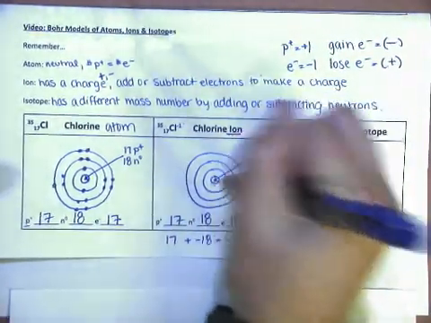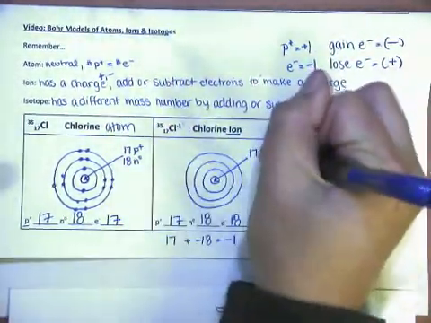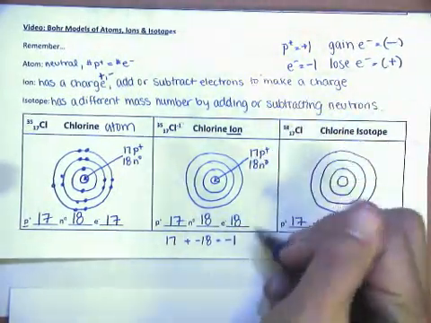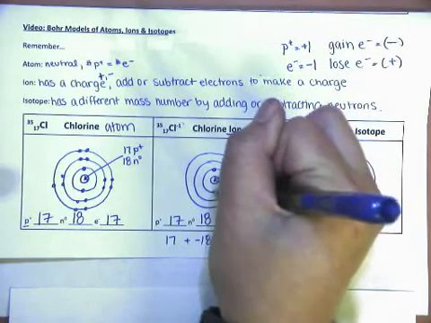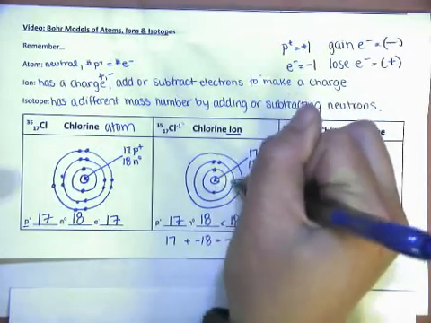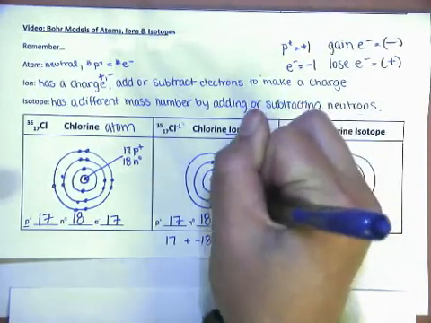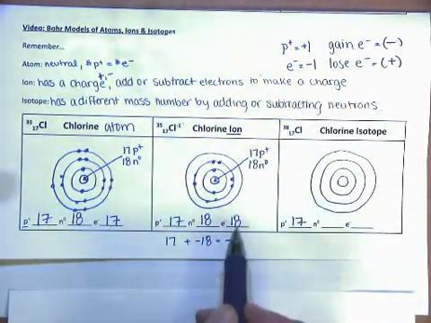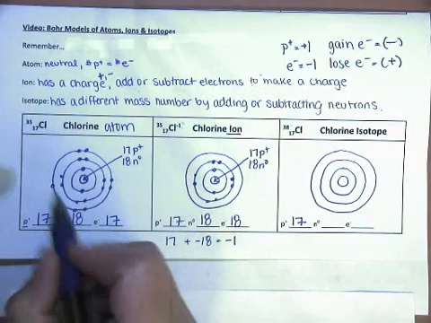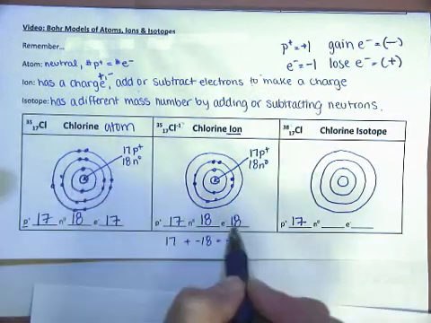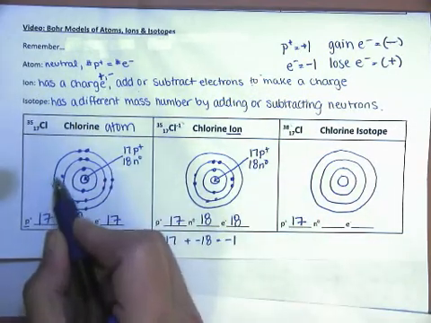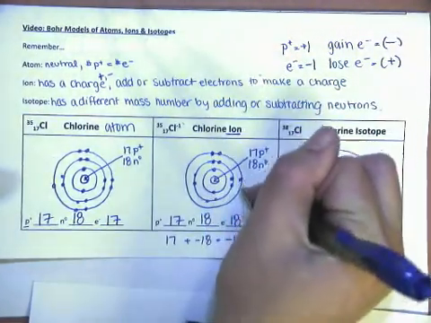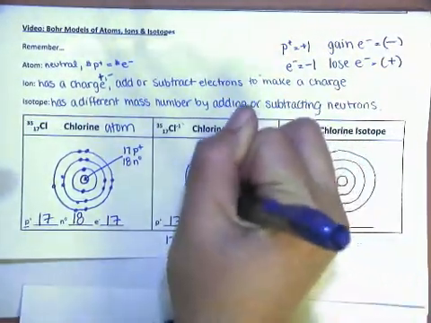My nucleus of my ion is the same as my atom, 17 protons and 18 neutrons, but my number of electrons has changed. My innermost ring, I still have 2, and then my second ring, I have 8. But now my third ring, I've gone from 7 to 8 electrons, adding 1 more electron to be 18 total electrons, or 8 in my outermost shell.